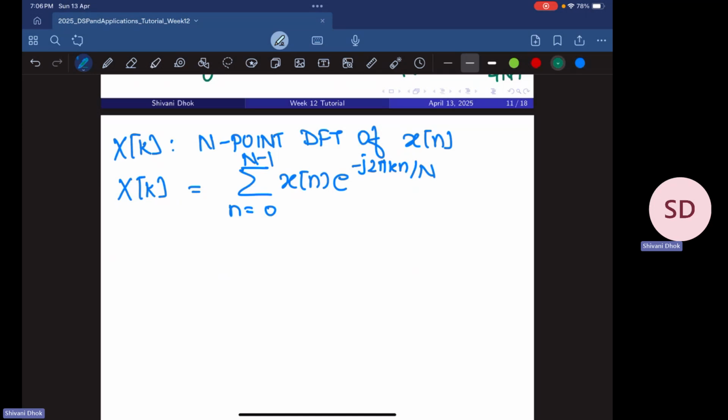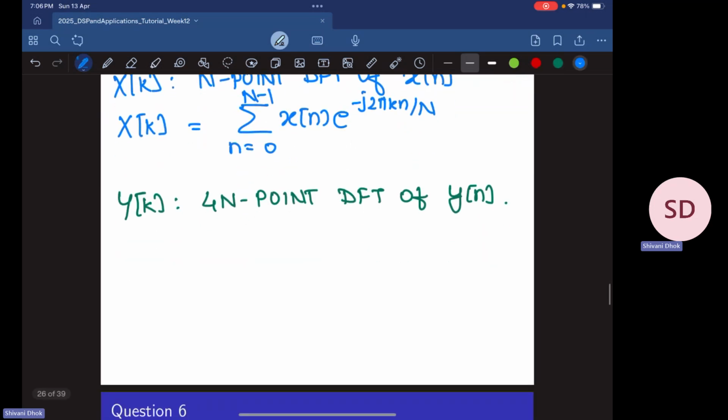Now we have Y of k, and this is the 4N point DFT of y of n. So what does it look like?